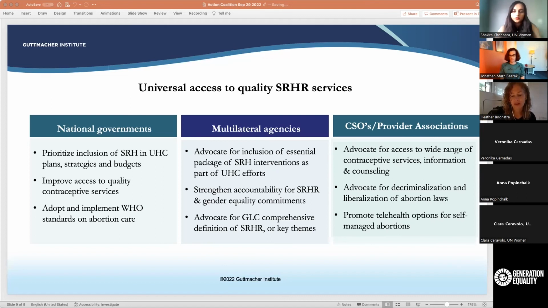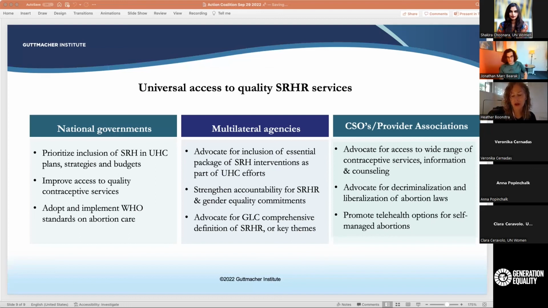For multilateral agencies, of course, they're looking at the whole picture, and the inclusion of this essential package of sexual and reproductive health interventions as part of UHC efforts is really key.